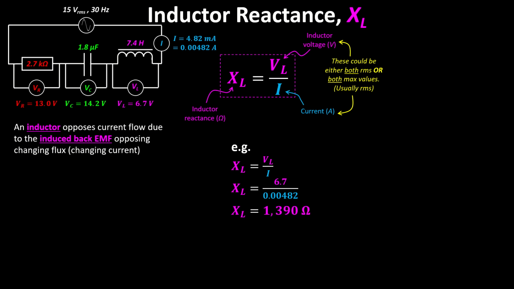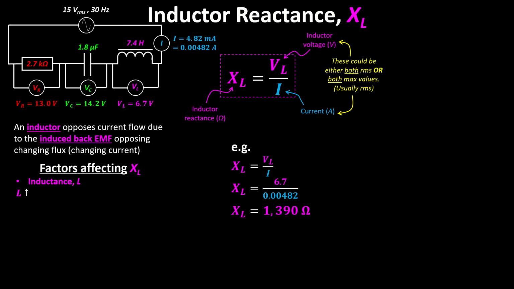Okay. Now again, the name kind of says it. Inductor reactance is reactive. It depends on the circuit a bit. So the factors that affect it, the inductance is an important one. If we have a larger inductor, more inductance, bearing in mind this is an AC circuit, so there's almost continual change in current occurring, so we're always inducing EMF.